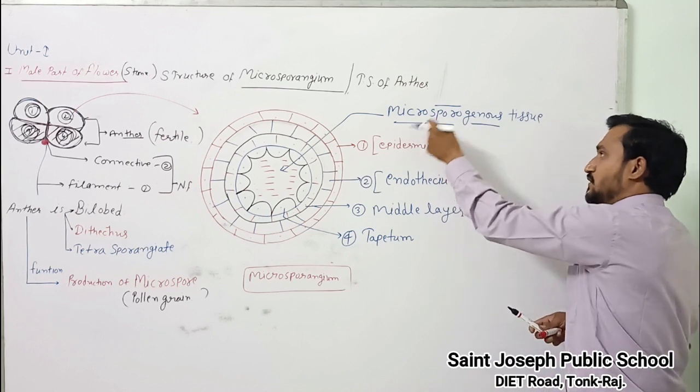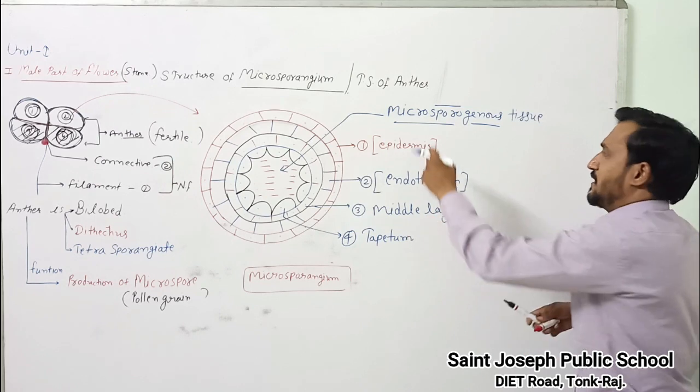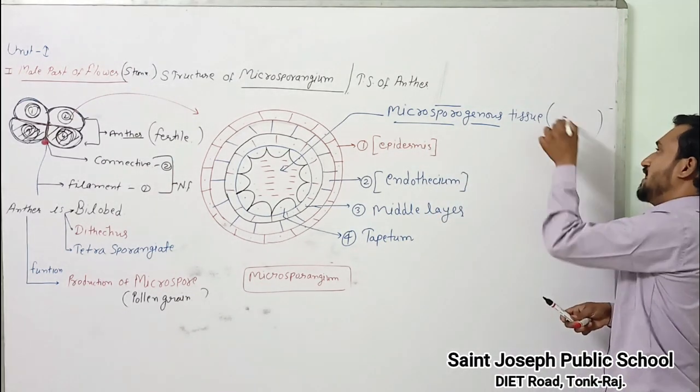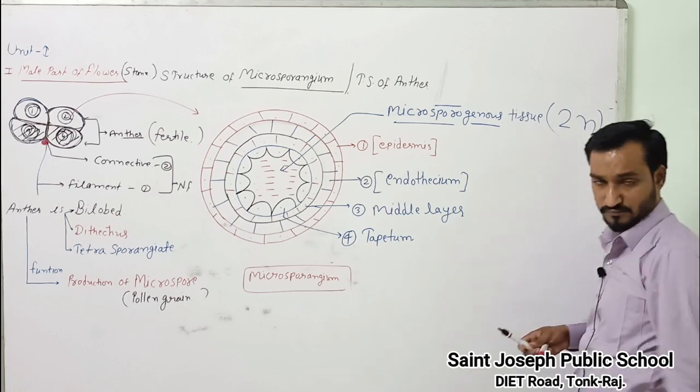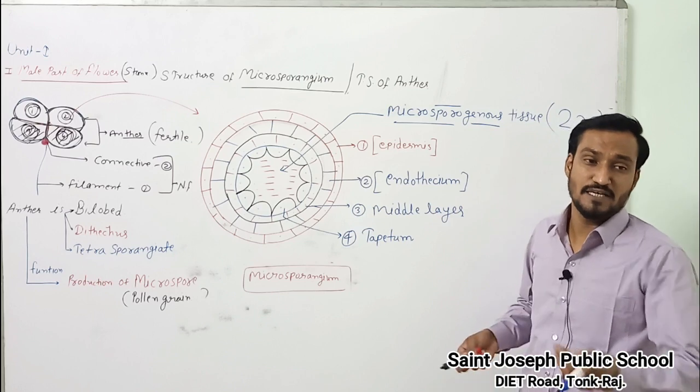Microsporogenous, the tissue that forms microspores. Microsporogenous tissue is diploid in nature. Whenever chromosomes occur in pairs, it is known as the diploid condition.